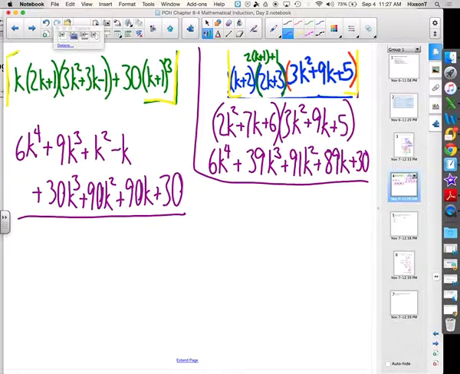You know how to multiply k plus 1 times k plus 1 times k plus 1. Wait, you wrote 30k cubed? Yes, because this k plus 1 cubed is k cubed plus 3k squared plus 3k plus 1. And then you have to distribute the 30 to all that.